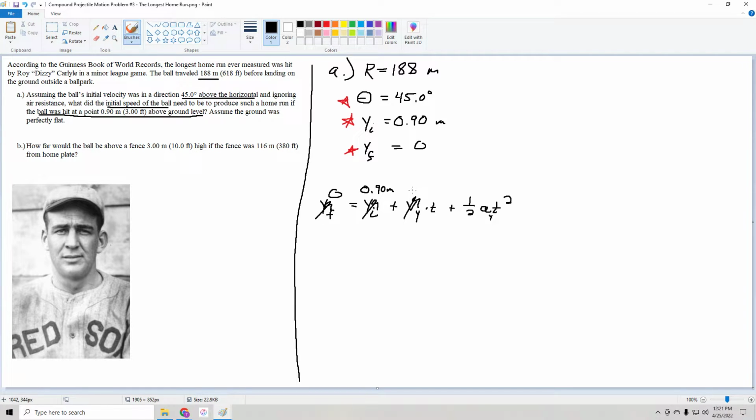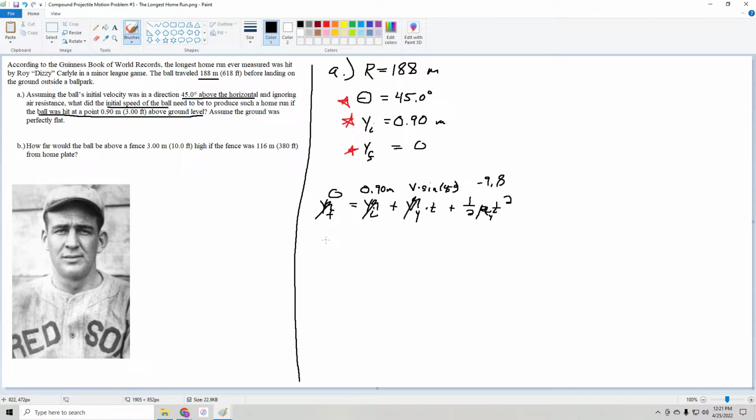But we can rewrite it as the unknown quantity v that we're trying to solve for, the initial speed, times the y component, which is what? Sine of 45 degrees, times time, we don't know the time, we'll just leave that alone, plus 1/2 acceleration in the y direction, well, that's our familiar negative 9.8 meters per second squared, times t squared.